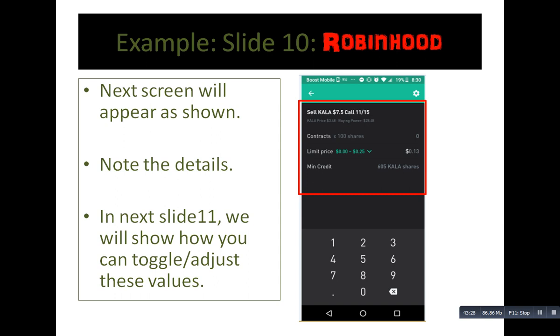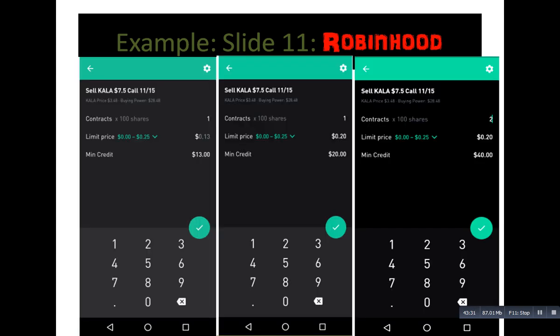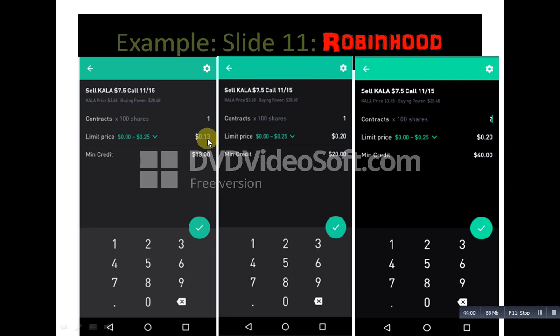If I go to the next screen, here are the ways we can try to change it. In this screen, I'm trying to sell just one contract. I could have sold up to 6 contracts because I had 605 shares, but I'm attempting to sell one contract at 0.13. That means if the share price does not go above $7.5 at the end of November 15, I will get $13 in my account because it is 0.13 times 100.